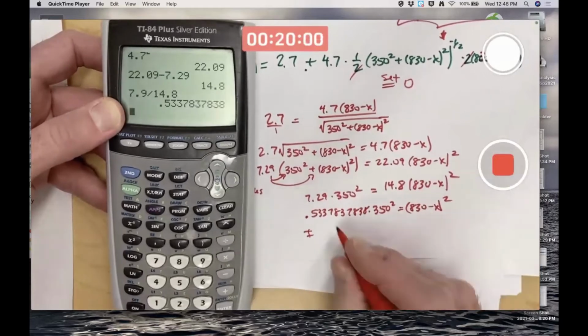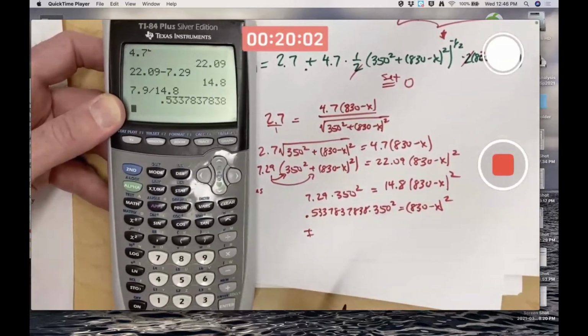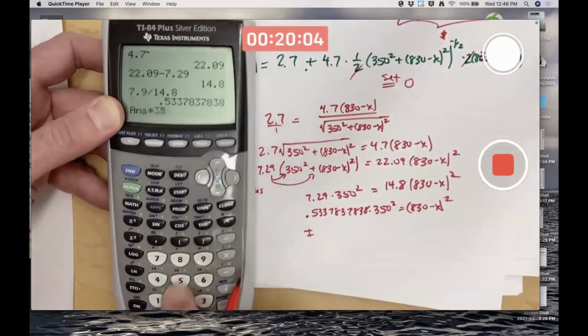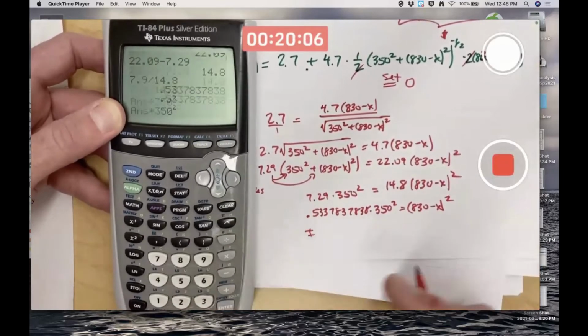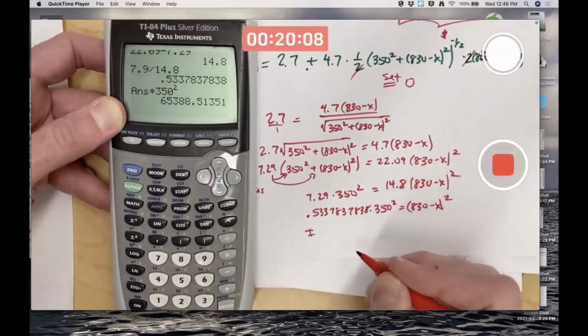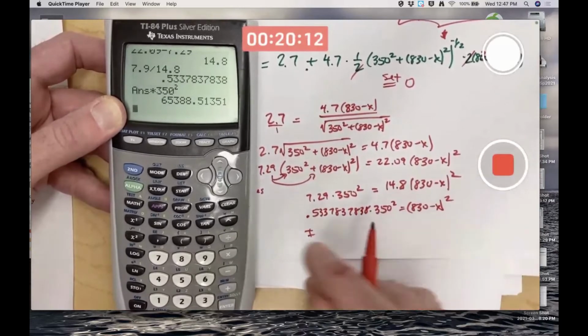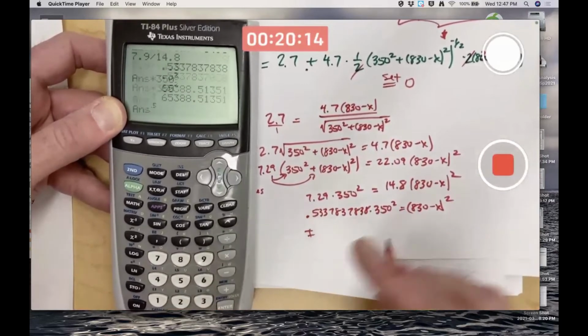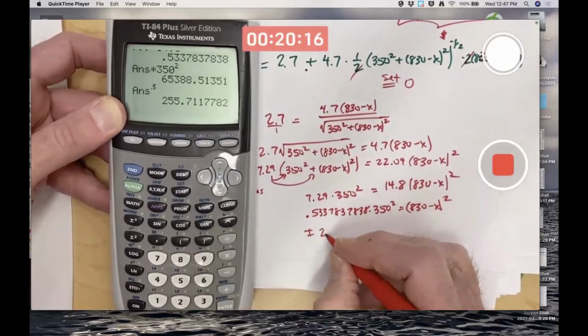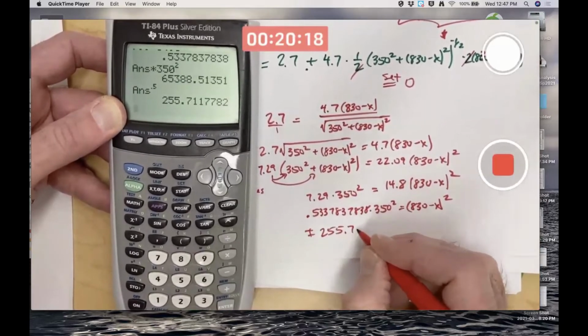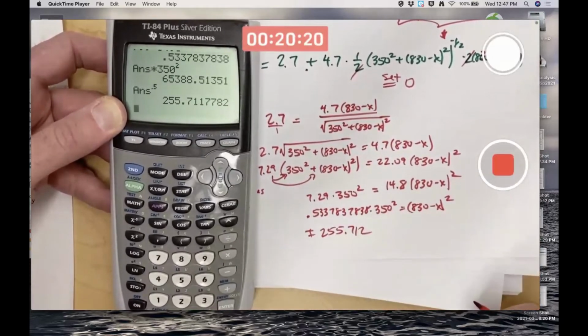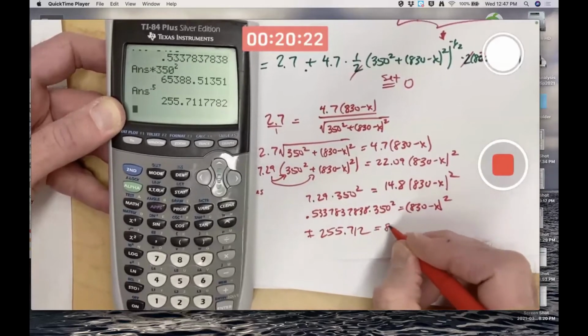Let me just go ahead and multiply this out now. Multiply that times 350 squared. Plus or minus that before the square root. But now take the square root of that, raise it to the 1/2 power. Looks like it's plus or minus 255.712, say, equals 830 minus x.